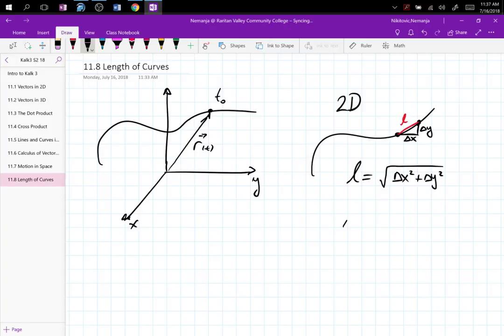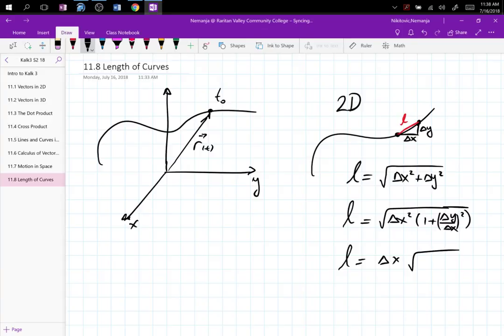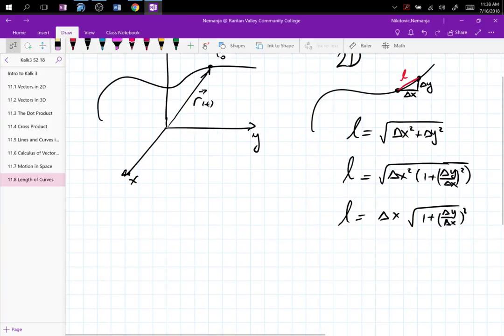You factor out delta x squared, so that's going to be delta x squared times 1 plus delta y over delta x, squared. And then you kick delta x outside, you get l equals delta x times the square root of 1 plus delta y over delta x squared. From there, this is the length of one line segment.